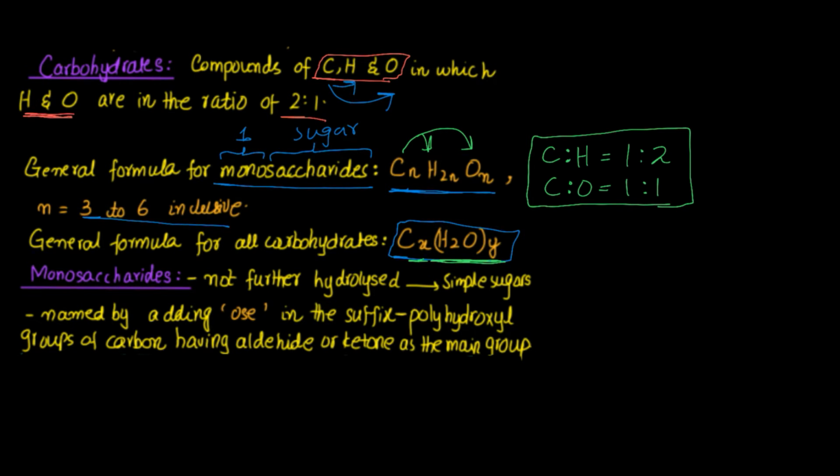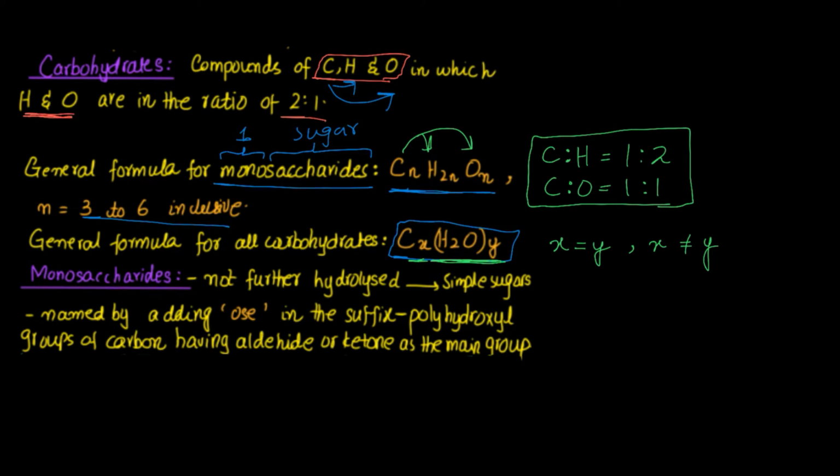So here we can have X equals Y in some cases, for example in monosaccharides, and we also have X not equal to Y in some cases, for example polysaccharides or disaccharides.